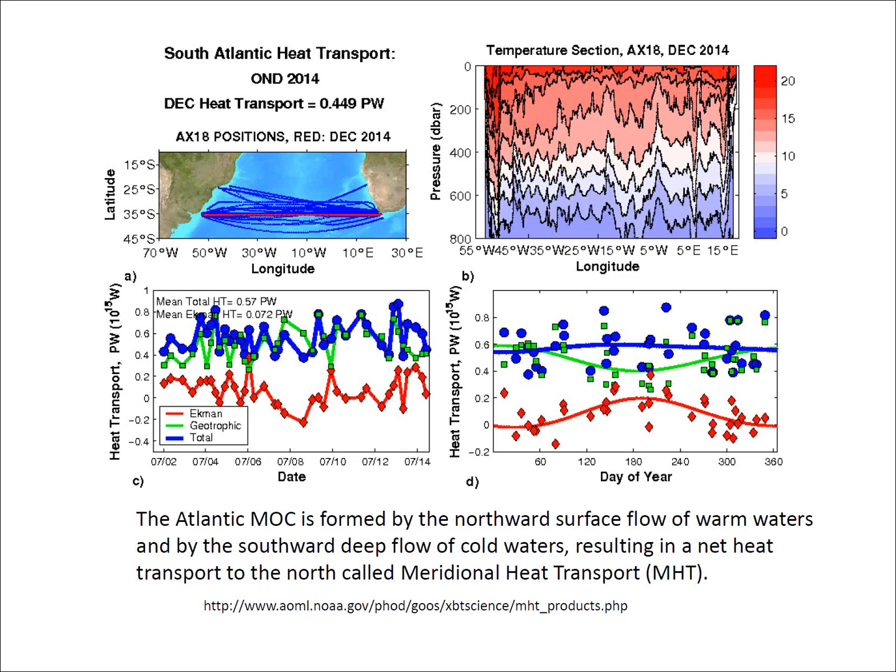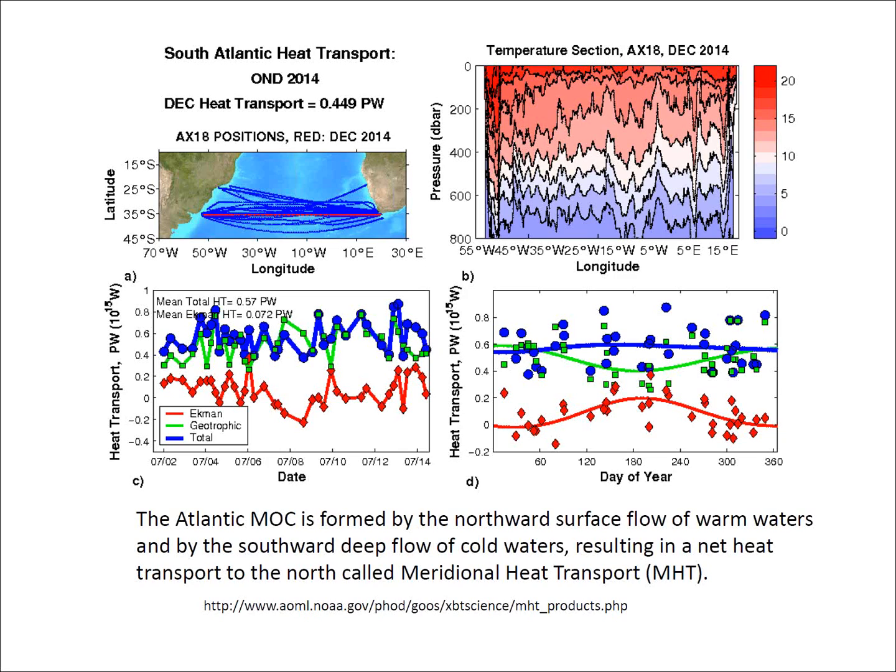So the XBT measure temperature in the top 800 meters, where the rest of the information all the way to the bottom and salinity and other aspects have also been inferred.